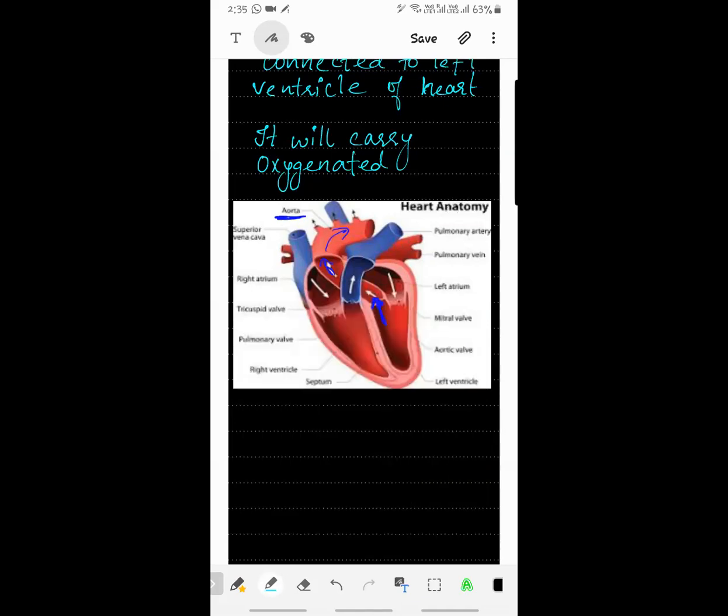So it carries oxygenated blood from the left ventricle.